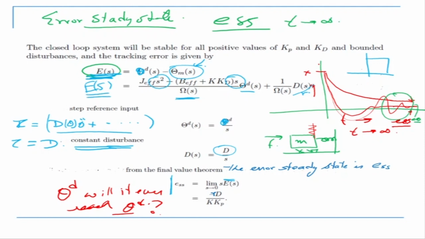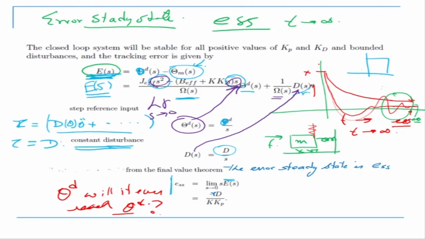Es was equal to this, and in Es, what do I put? I can put theta d s is theta d by s, and this Ds is this one here. I put that in, put limit s tending to 0. So all the s's will become 0. This becomes 0. That will become 0. And there's an s there. So what is left is only this term.